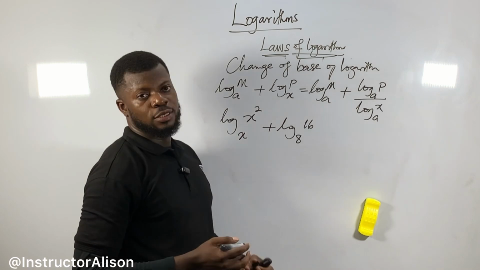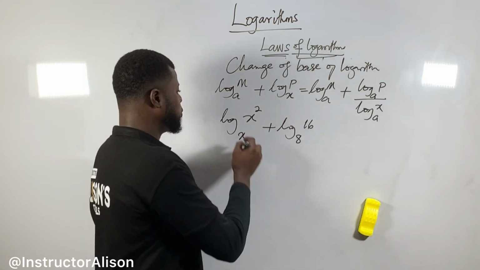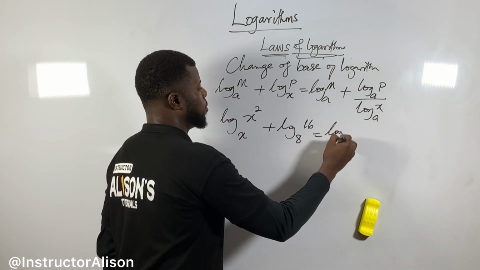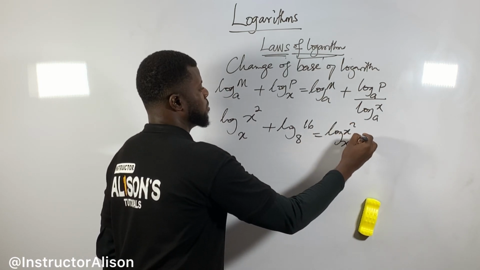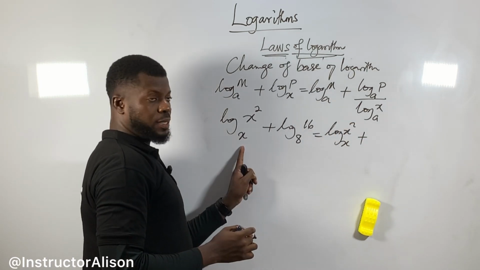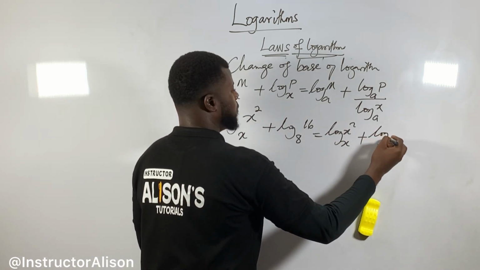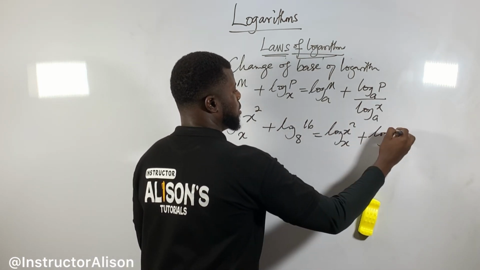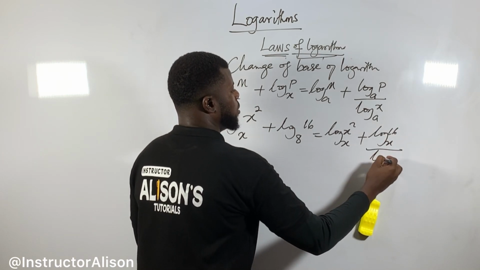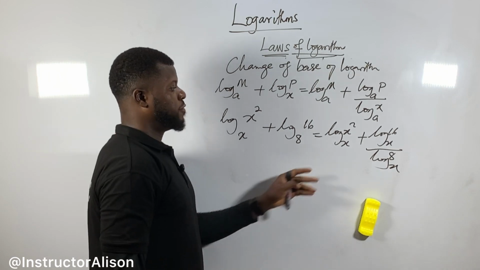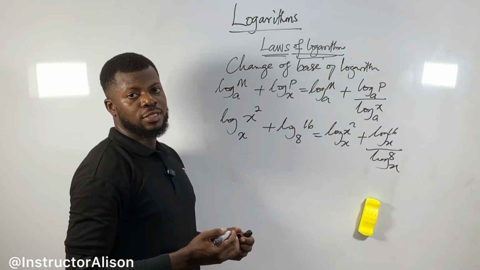The first thing we do is repeat everything there: log of x squared base x plus, remember logarithm of base x, use and relate with 16 and 8. We say logarithm of 16 base x over logarithm of 8 base x. Then from here, begin to solve to get the answer.